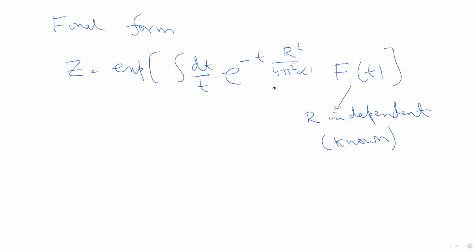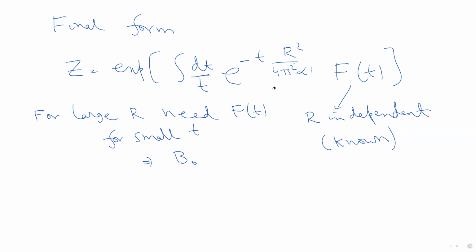So for large R, f of t for small t, let's suppose, is given by some b naught t to the beta, where b naught and beta are known. Because f of t is known, you can calculate how it behaves for small t.